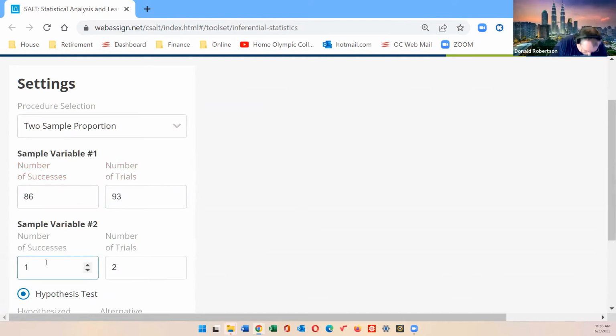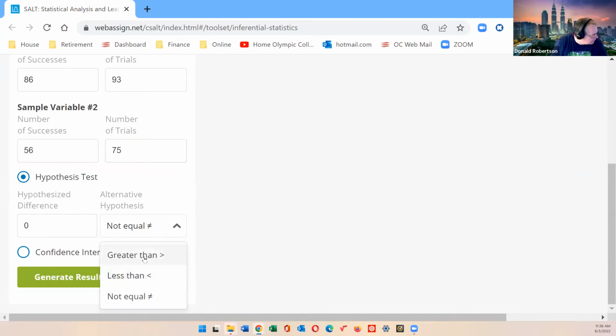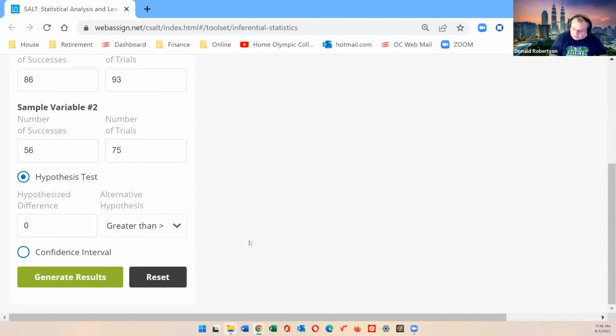And in the second one, it was 56 out of 75. And this is always 0, right? So don't even change that one. And we wanted to prove it was a greater than. Agreed?